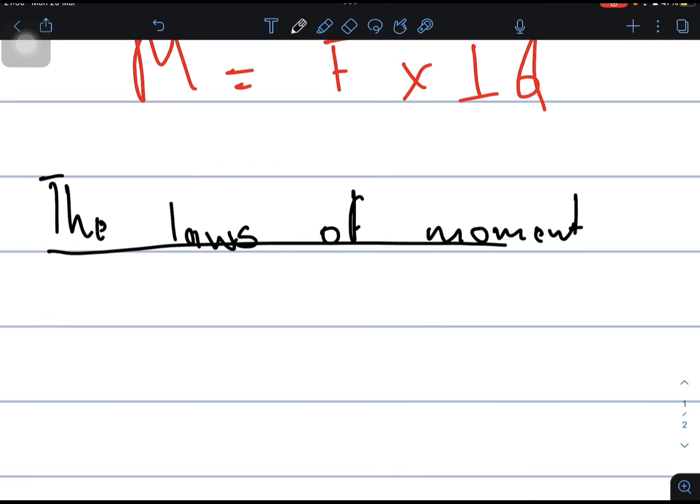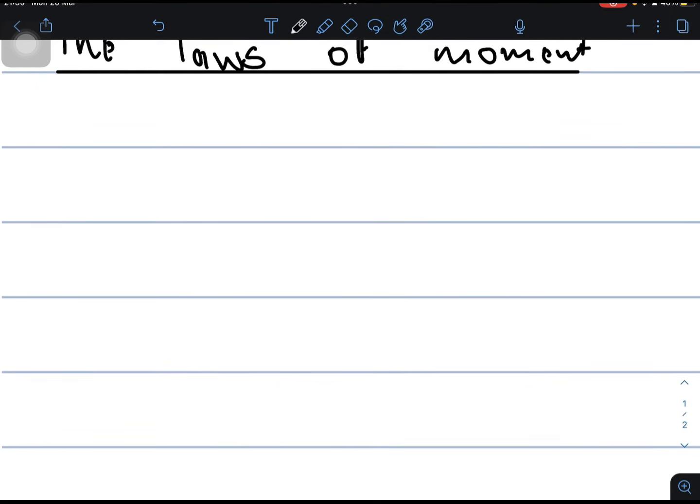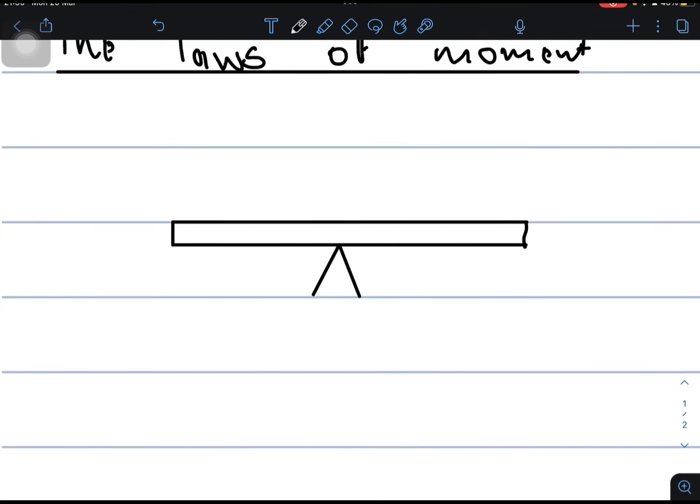We won't be dealing with only one force. Suppose we have a beam that is supported at this turning point.